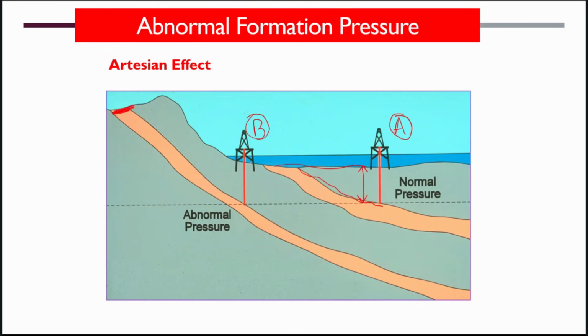If you consider the water source for only this height, it is not true. You have to consider the full height from here, which will exert that much pressure. This formation will have pressure equal to this height, from the mountain to the point we are drilling. So this is called abnormal pressure when your source of water is higher than where you are drilling the rig. It is called the artesian effect.